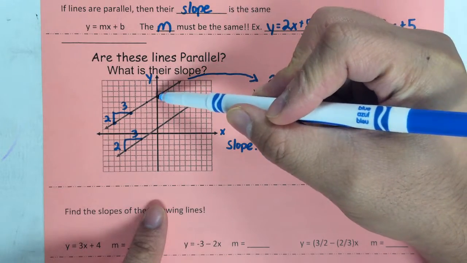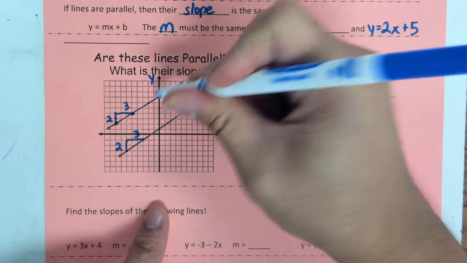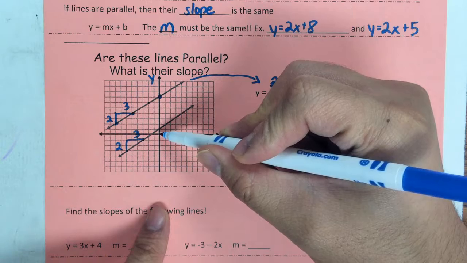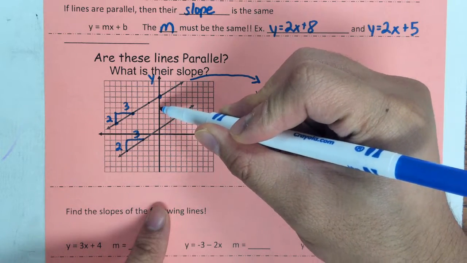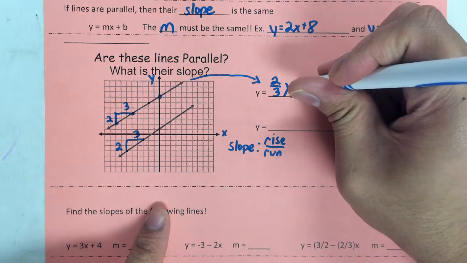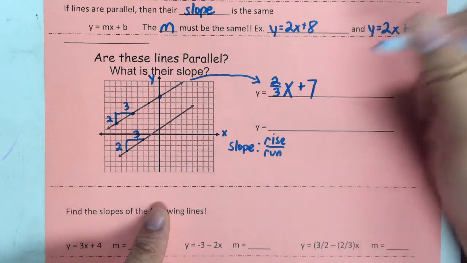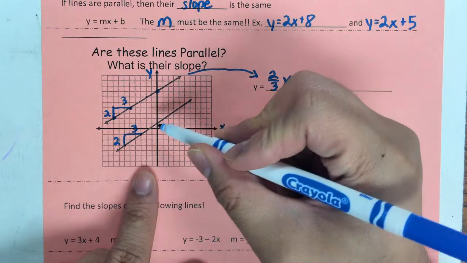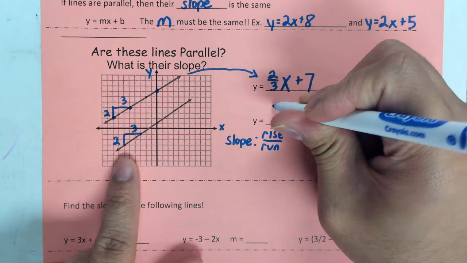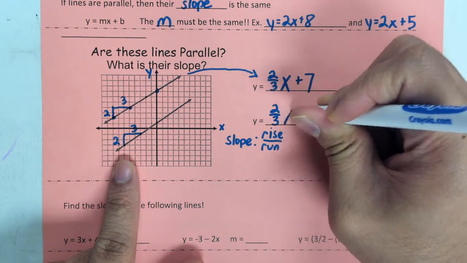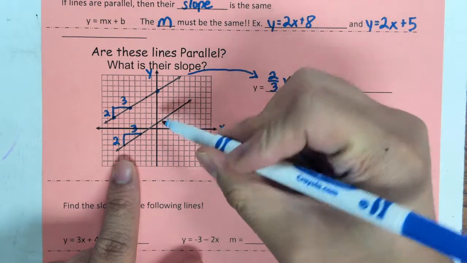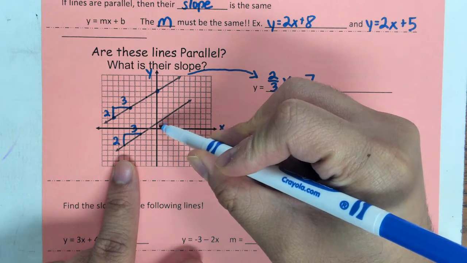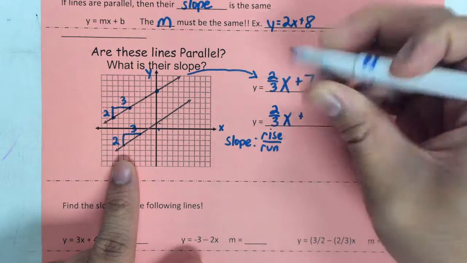So on the y-axis, I cross up here, which counting from the origin, that's 1, 2, 3, 4, 5, 6, 7. So y equals 2/3 x plus 7. Now let's do the same thing for the other line. My slope is 2 over 3, rise over run, 2/3, plus, from my origin, I went up 1, so plus 1.